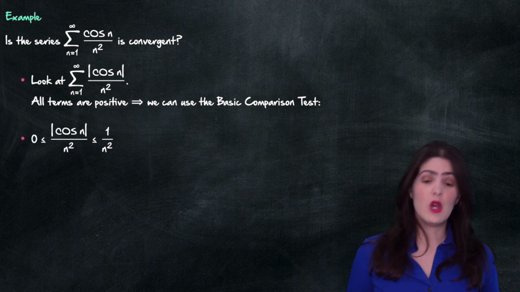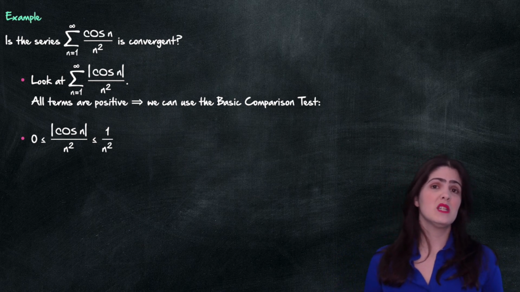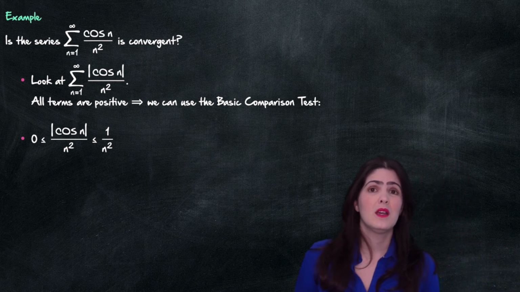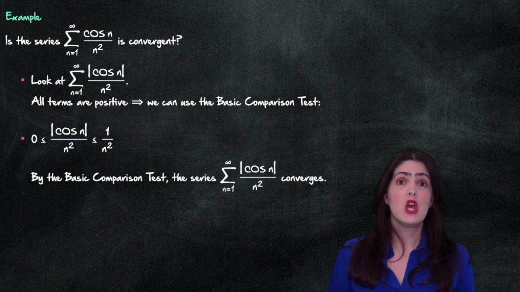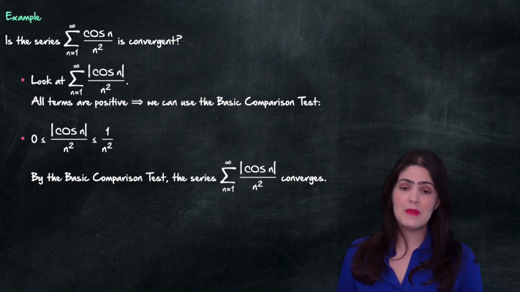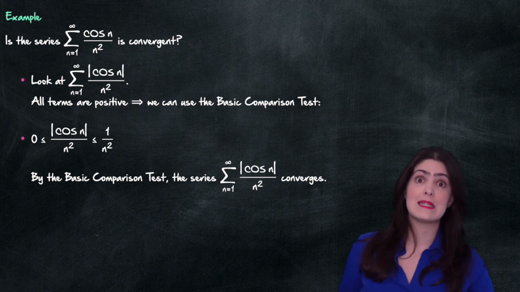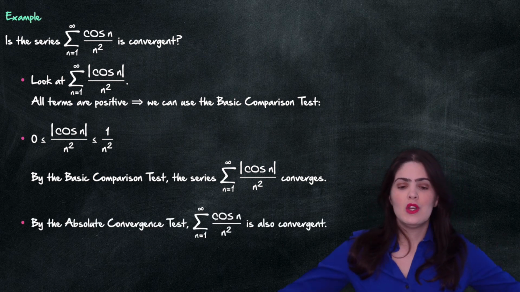Well, we know that the absolute value of cosine n over n squared is going to be between 0 and 1 over n squared. But the series of 1 over n squared we know is convergent, so by the basic comparison test, I know that this series here is convergent. Oh, that means that my original series is absolutely convergent.